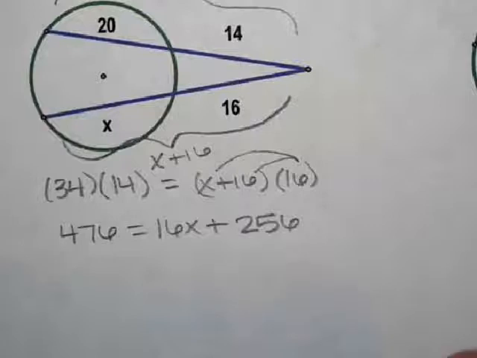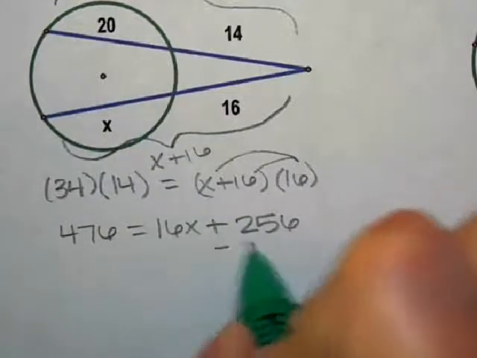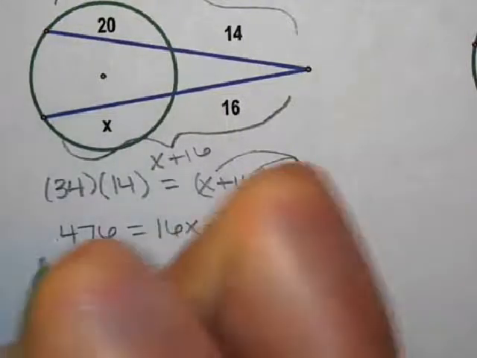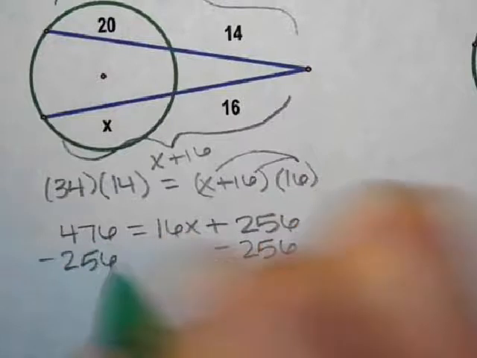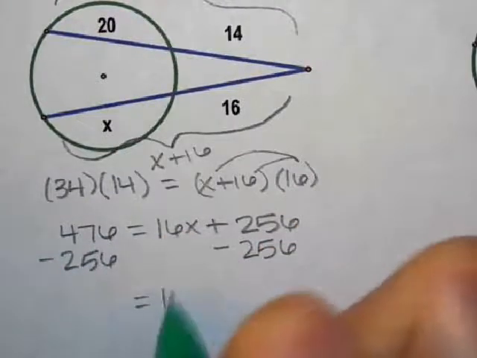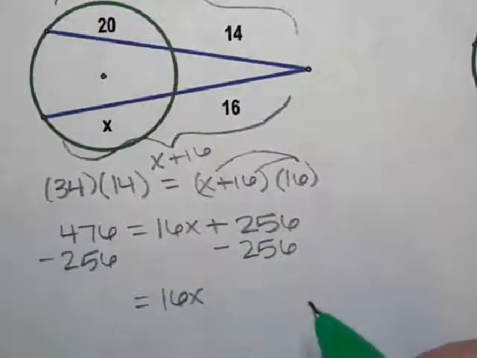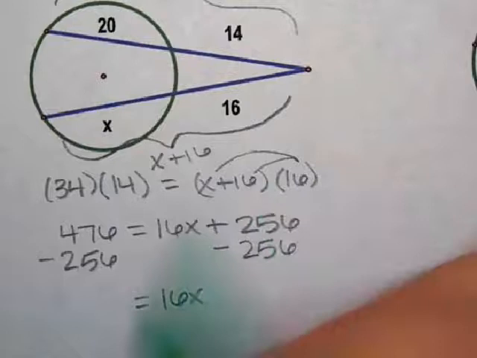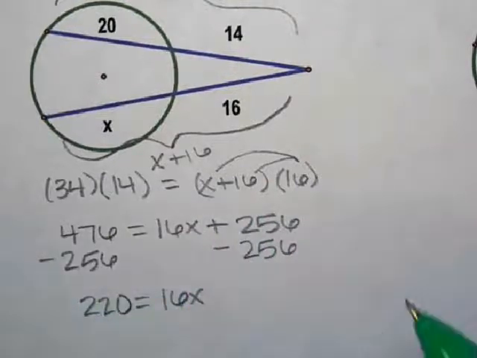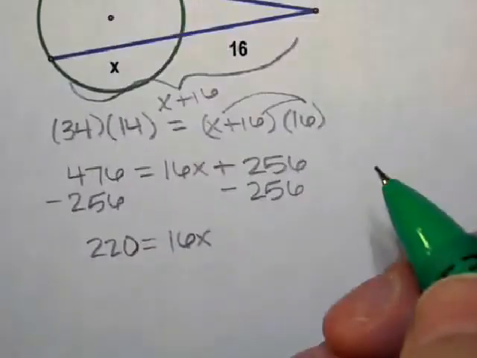All right, so what do we do now? So what do we get on the left? 220. Okay, 220 equals 16x. And what do we do?